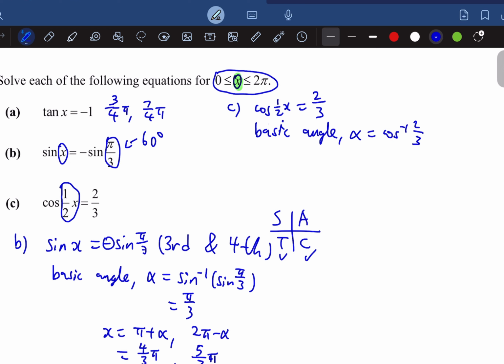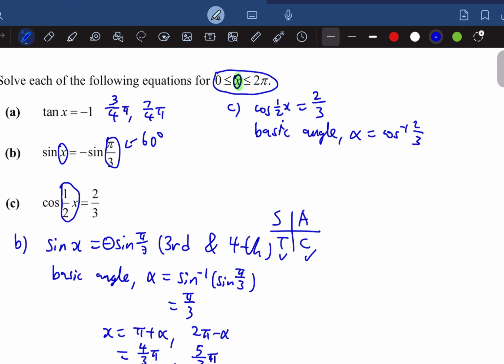This one we can't say don't use a calculator. Why? Because when you take cosine inverse 2/3, the angle is not 30, 45 or 60, so we now have to change our calculator to radian mode, which we have showcased to everyone. Then from here, we have to be mindful.